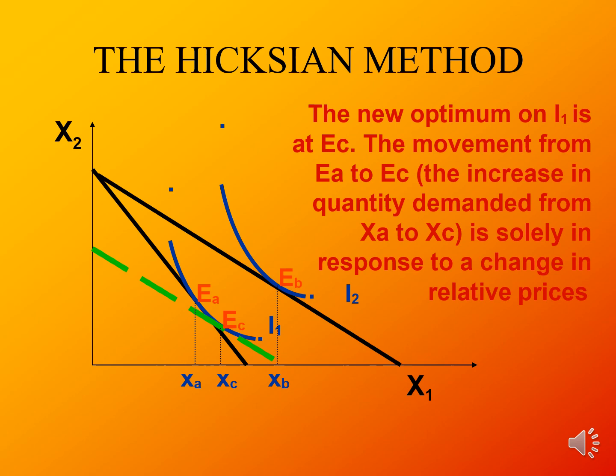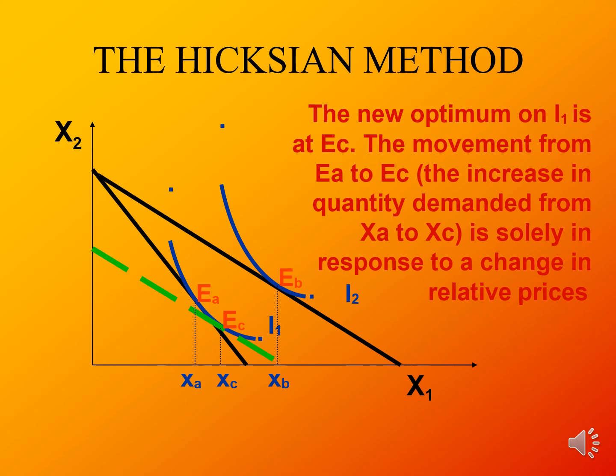Now, the new consumer equilibrium is formed at EC, where the drawn line touches the old indifference curve. So, the consumer equilibrium EA is shifted to EC.